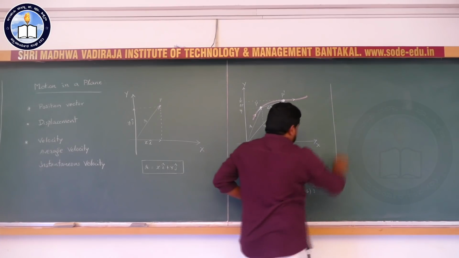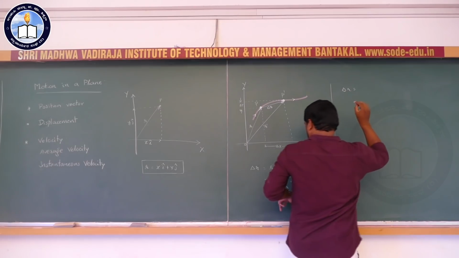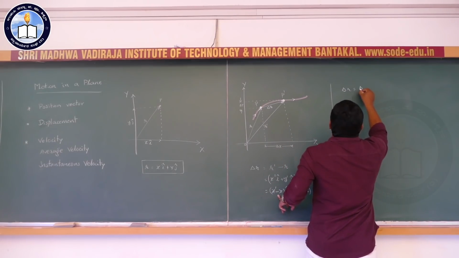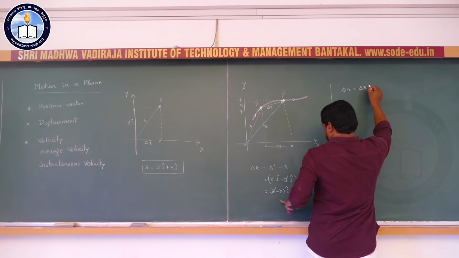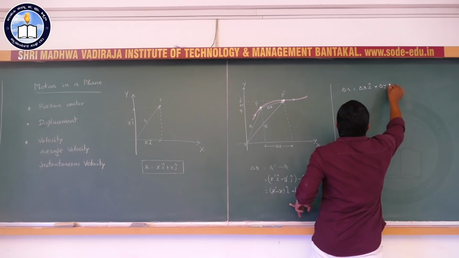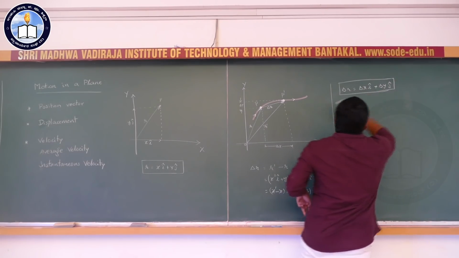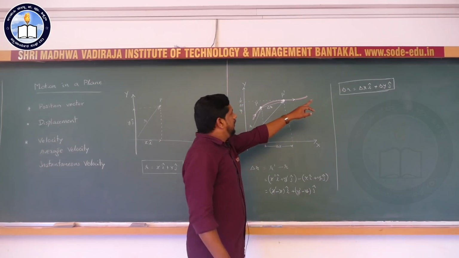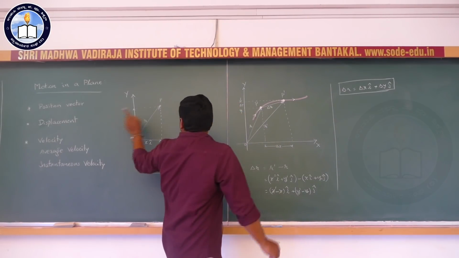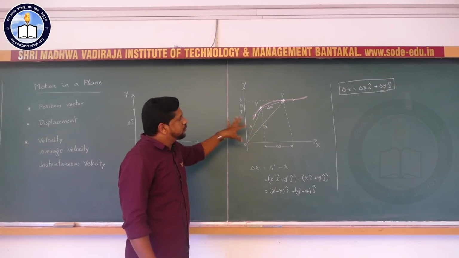So delta r will be equivalent to delta x i cap plus delta y j cap. This is the displacement of the particle in two dimensions.